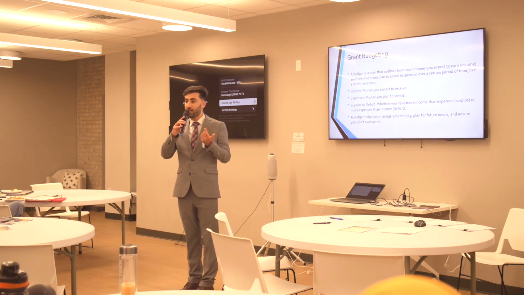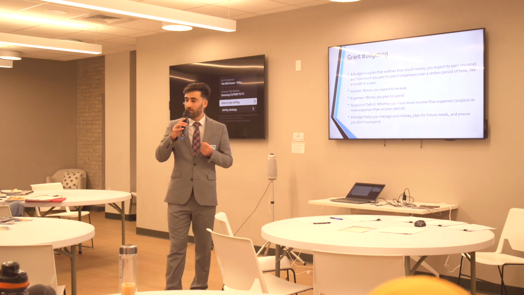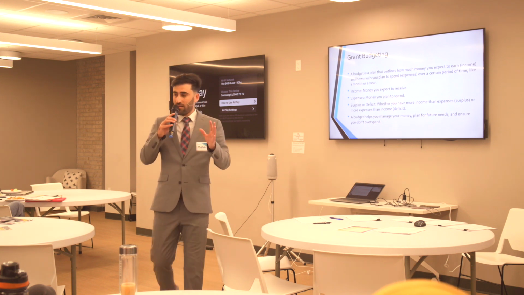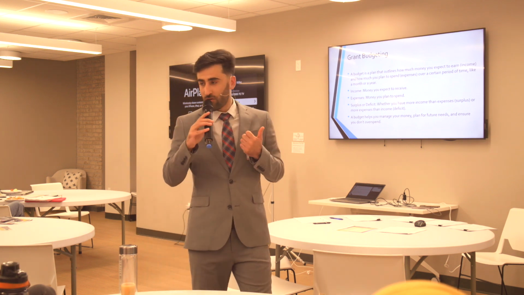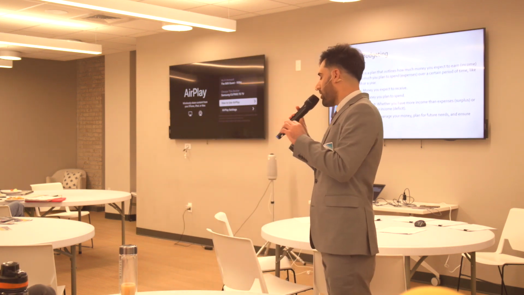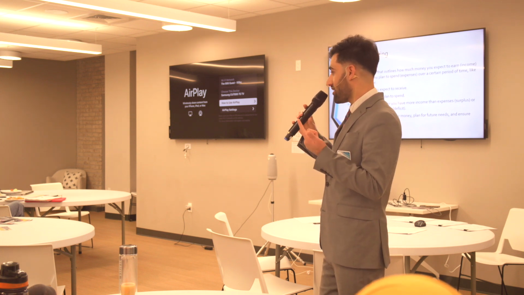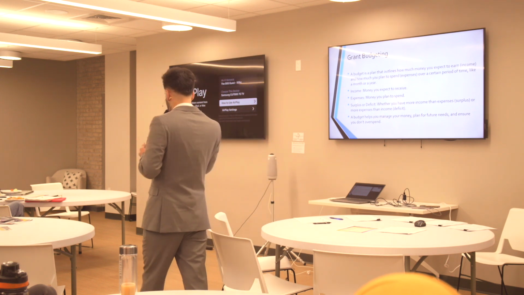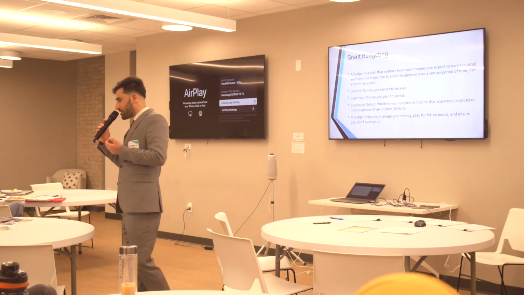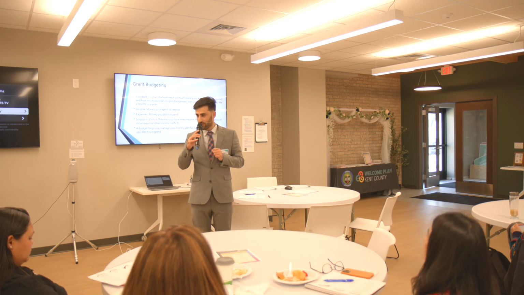We are going to make a plan about our finances and our financial activities. Suppose you have received $5,000, you are going to find answers for all of these questions. Who has given this money? How does the person want us to spend this money? Where are we going to spend this money? What is the process of spending this money? All of these questions, we are going to find answers for.